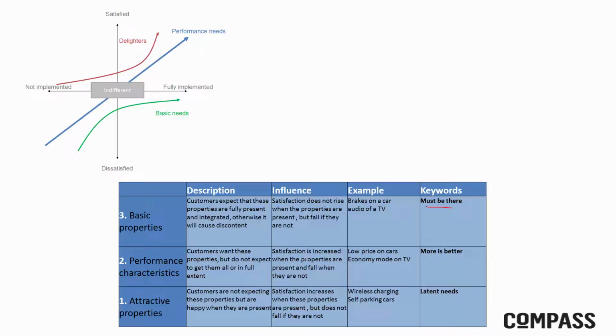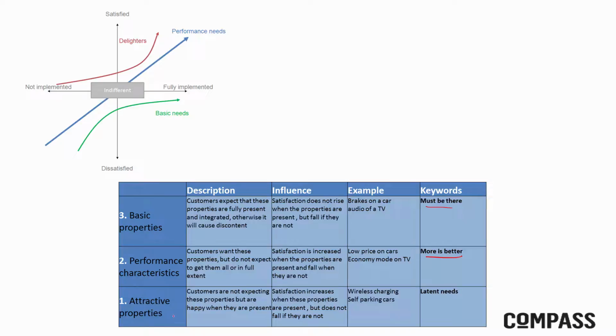So if they're there, we have an increase in satisfaction, and we will also have a fall if it's not present, especially if it's been communicated in commercials. For example, low price on cars: we will be dissatisfied if the car is more expensive than it was advertised, and the same with economy mode on TV. So the keyword here: more is better.